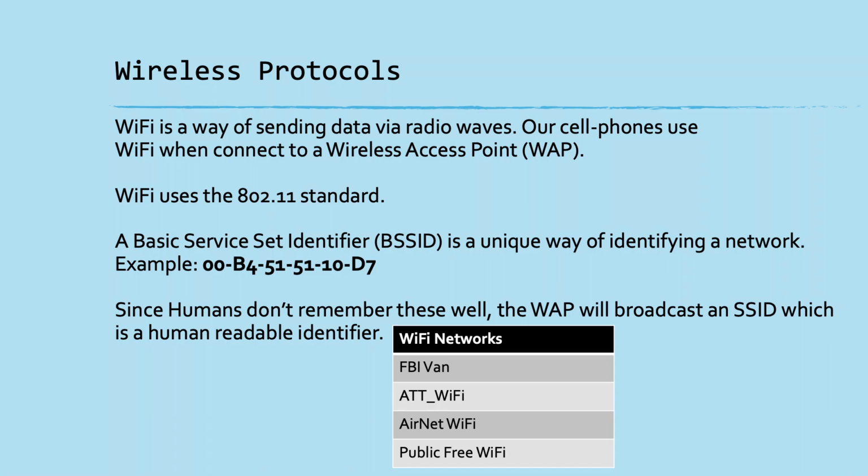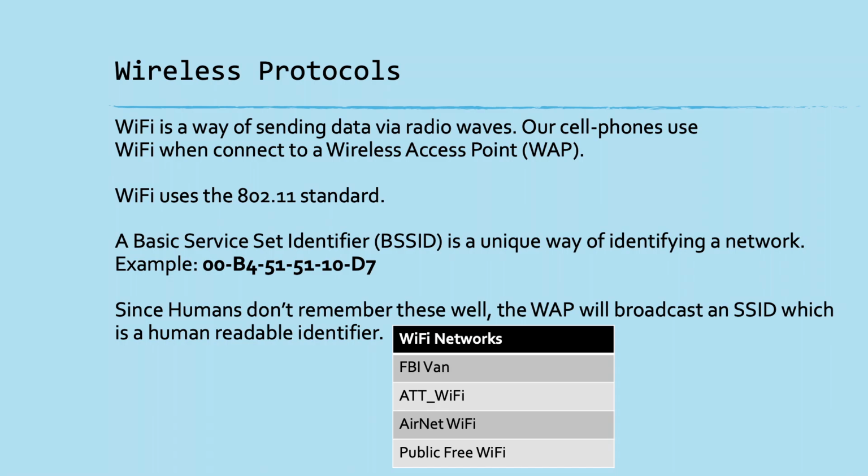So here's an example of one. Now when we connect to a Wi-Fi, we generally don't say, I want to connect to 00-B4-B51-5110D7. We connect to things that have nice names that we can remember. Since we don't remember BSSIDs very well, our wireless access point allows us to add an alias.